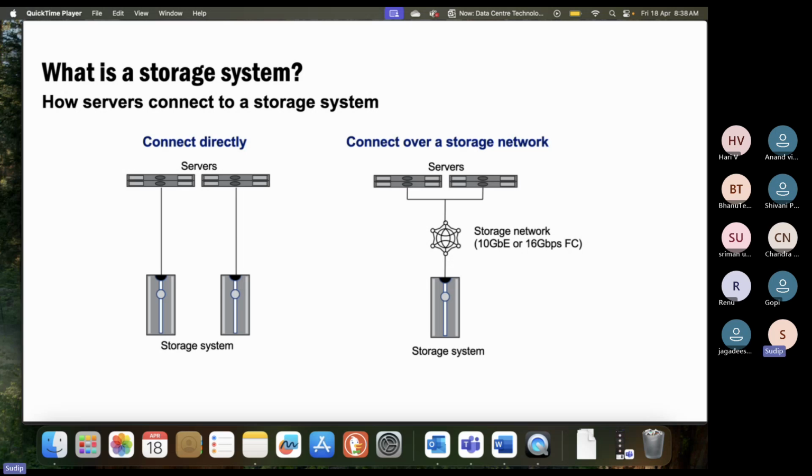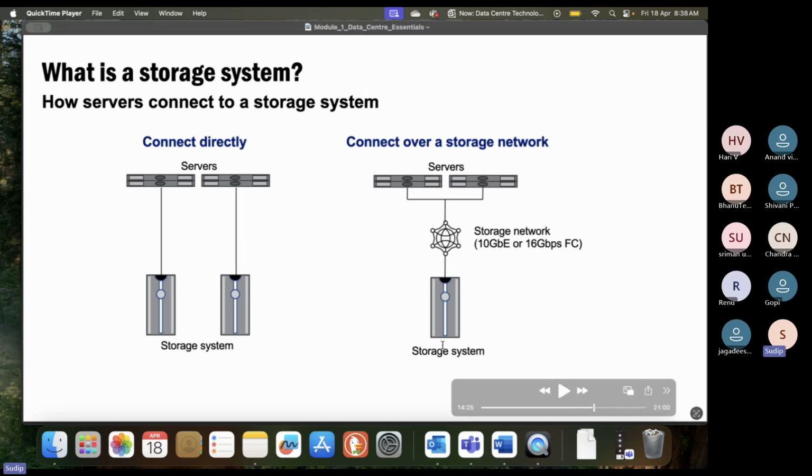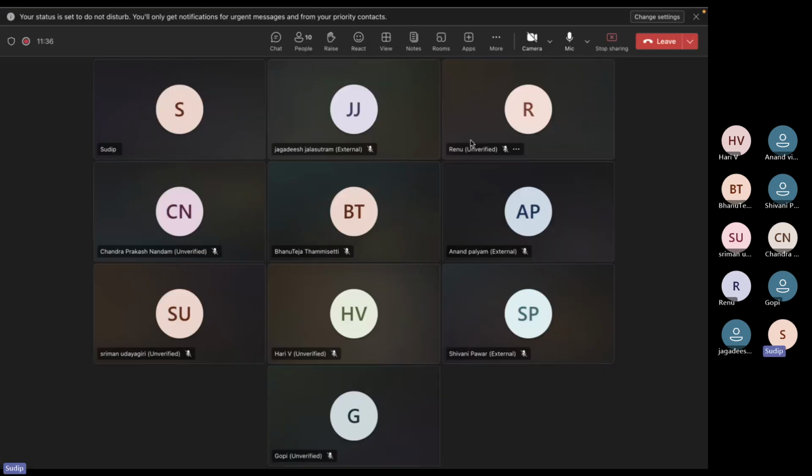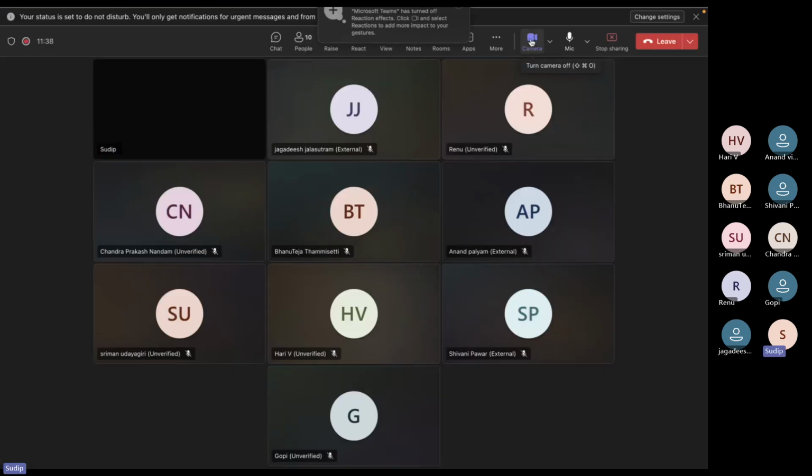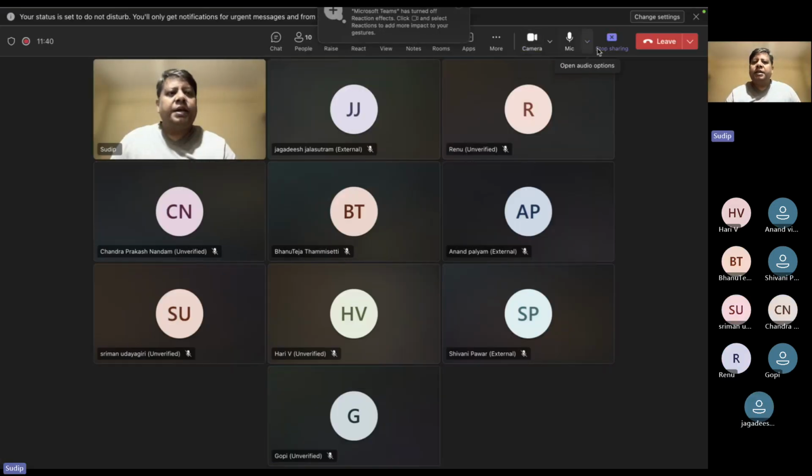Just understand, in the earlier days, people first built servers, because they thought servers were revolutionary, that everything can be done within a server. Hence, when they were designing the servers, they designed them only for a limited number of hard disk slots or SSD slots.